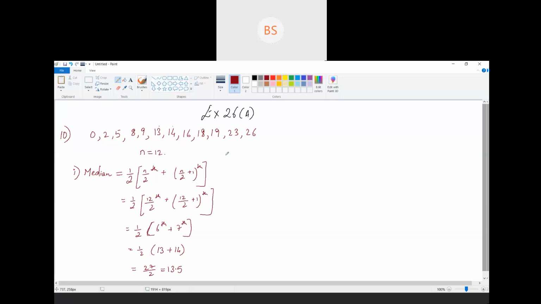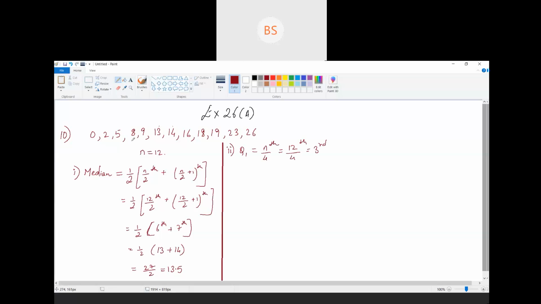Then they have asked us lower quartile, that is Q1. So lower quartile for even observations is n by 4th term, that is 12 by 4, that will give us third term. So third term is 5.